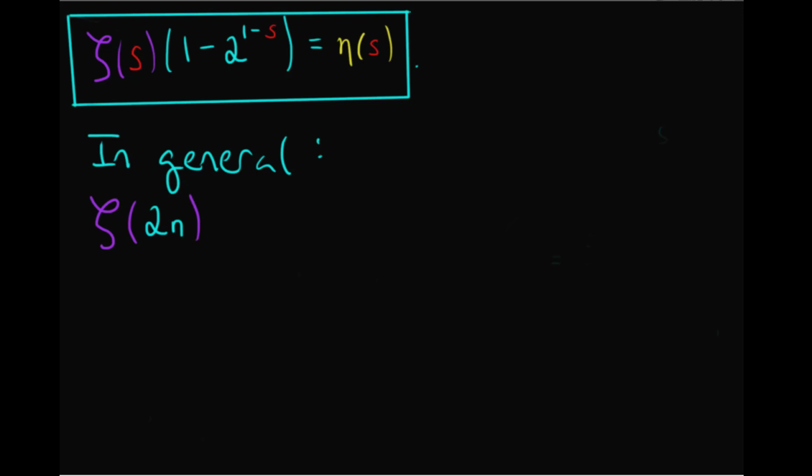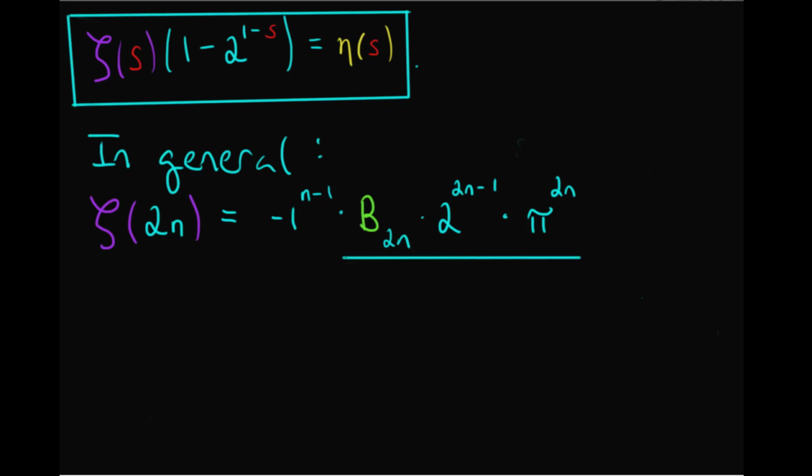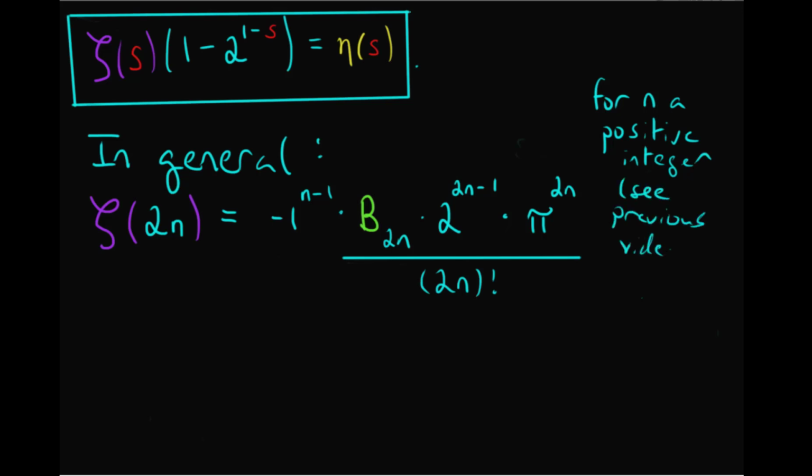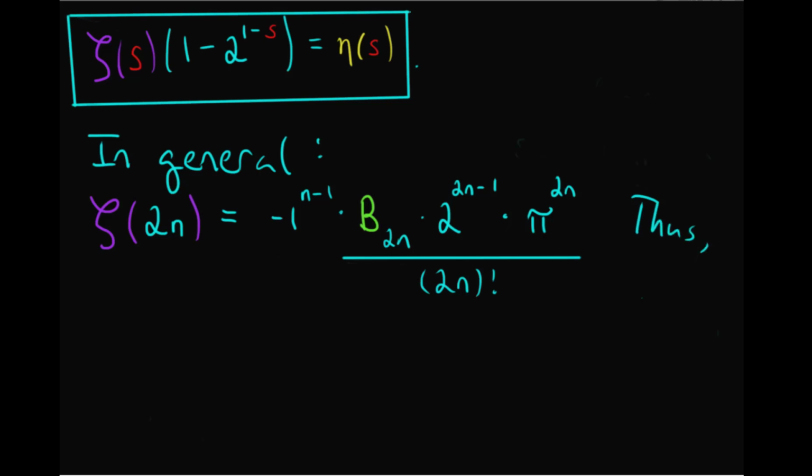And I'll just ask you to recall that in general, zeta of 2n, where 2n is a positive even integer, equals negative 1 to the n minus 1 times b sub 2n, that's the 2nth Bernoulli number, times 2 to the power of 2n minus 1 times pi to the power of 2n, all over, open parenthesis, 2n, close parenthesis, factorial. And again, this is the definition of the zeta function for positive even integers. And you can see my earlier video where I derived this important formula.